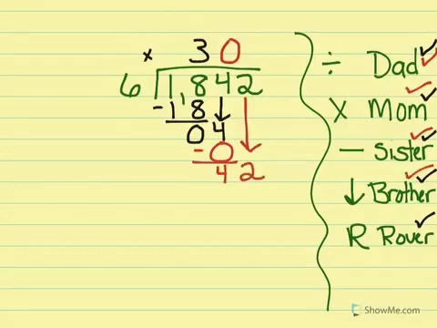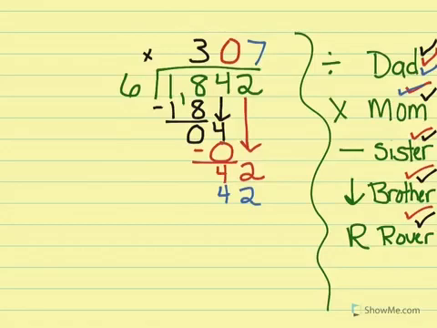Repeat or remainder. Well, 42 is bigger than 6, so I'm going to repeat. I go back to divide. How many sixes go into 42? That's a math fact. 7. Then I multiply. 7 times 6 is, of course, 42.